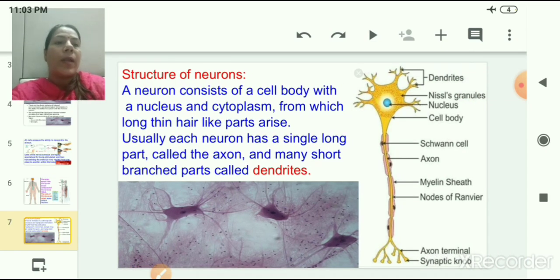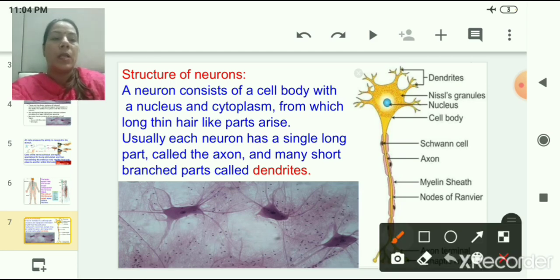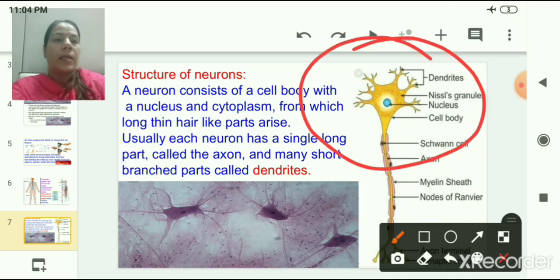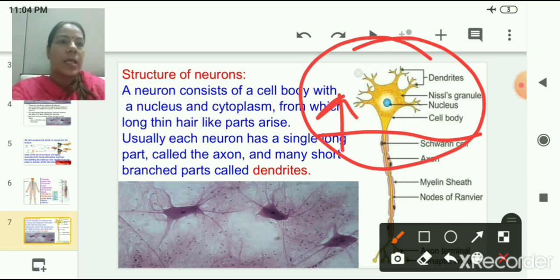Now let us focus on the structure of a neuron. A neuron consists of mainly two parts. The upper part is known as the cell body, or in some books you will also see it as cyton. This upper part is called the cell body, and it is also called the cyton.